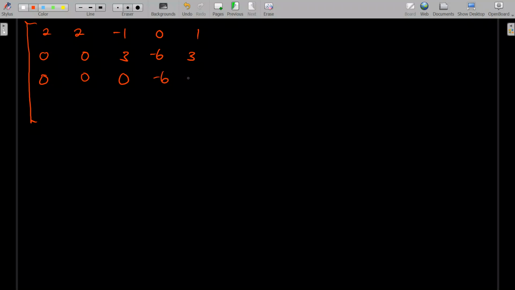So having this reduced matrix, let me write it here. We have the matrix to be 2, 2, negative 1, 0, 1, and 0, 0, 3, negative 6, 3, 0, 0, 0, negative 6 again, 0, and then the rest of these are zeros.